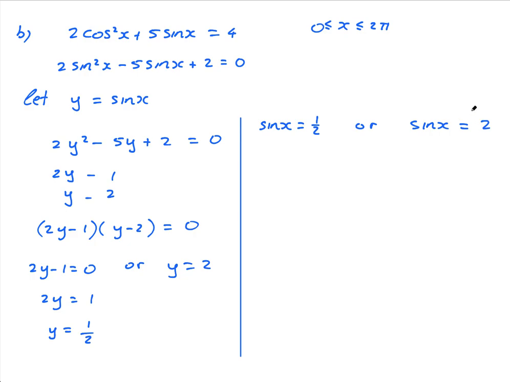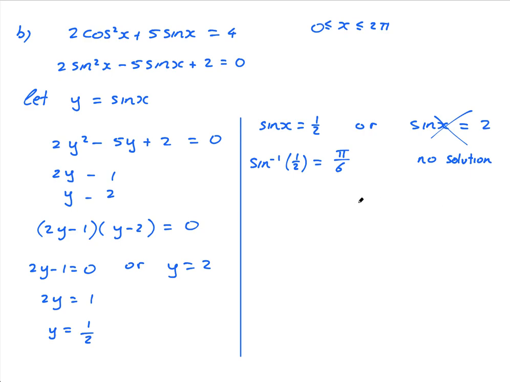This one, hopefully you know, has no solution, because sine x cannot be bigger than 1, so it certainly can't be 2. So now I just have to solve sine x equals a half. What's the inverse sine of a half? This is one of those you should know. Inverse sine of a half is pi over 6. In degrees it would be 30 degrees, but we're in radians, so it's pi over 6.